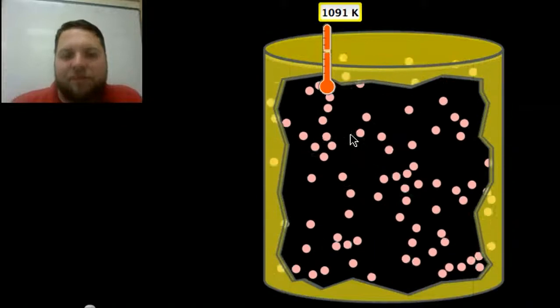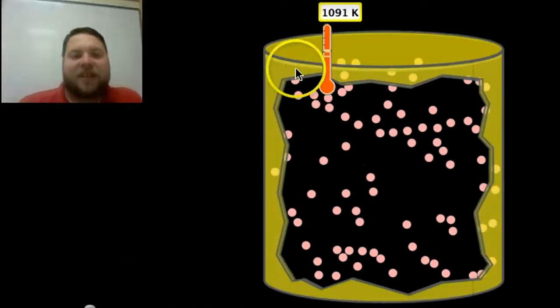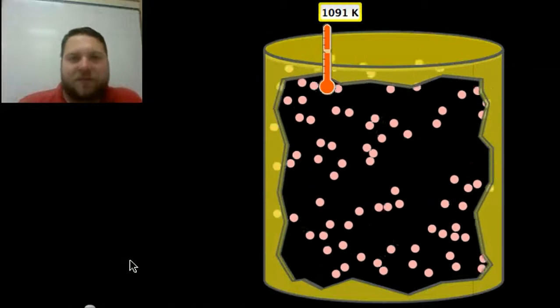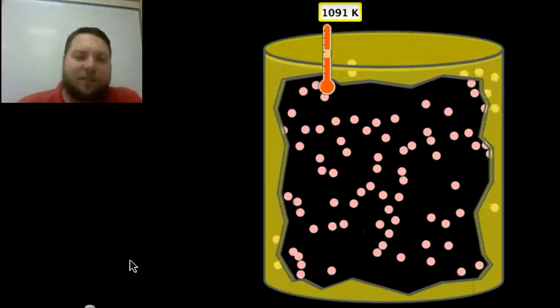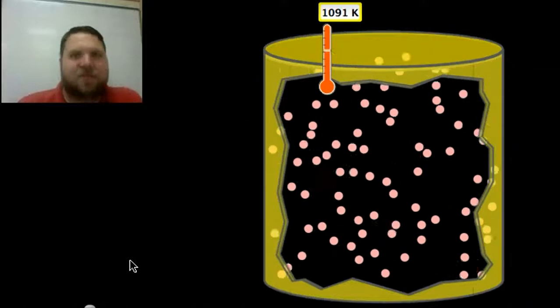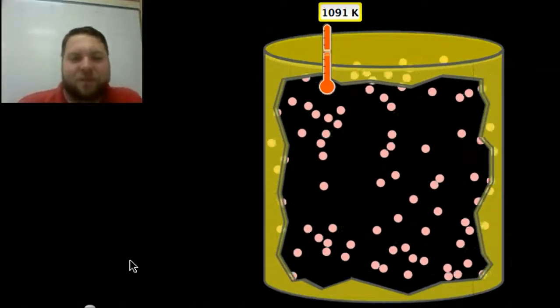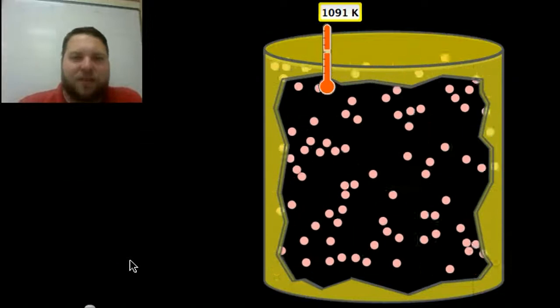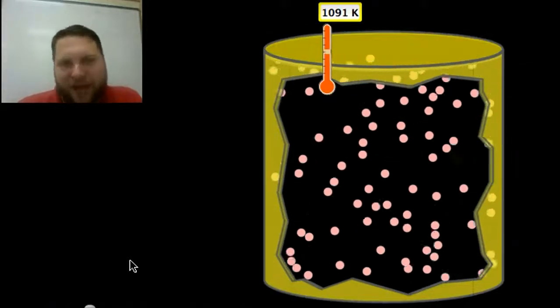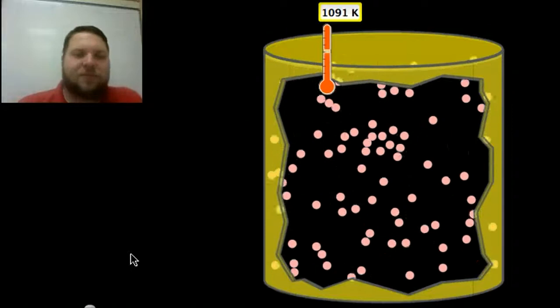Now there are some places where you can see plasma on Earth. A lightning strike, that blue bolt that you see through the sky, is actually a plasma of the air. If you're ever lucky enough to see the northern lights, or at least see a video of the northern lights, the auroras, that happens when particles from the sun strike the upper atmosphere and actually turn the air into a plasma, and it makes these beautiful colors.